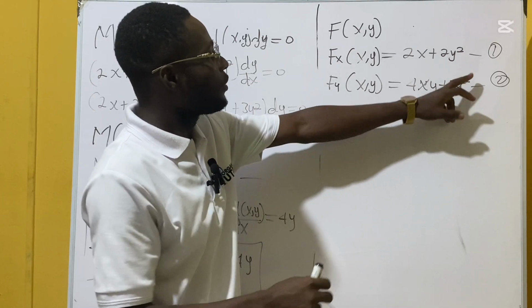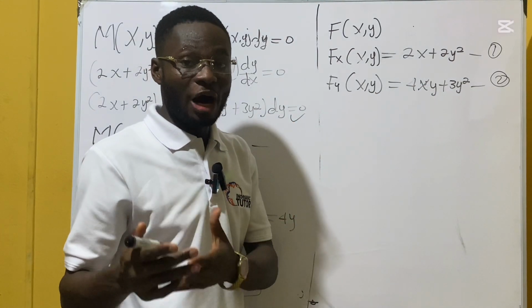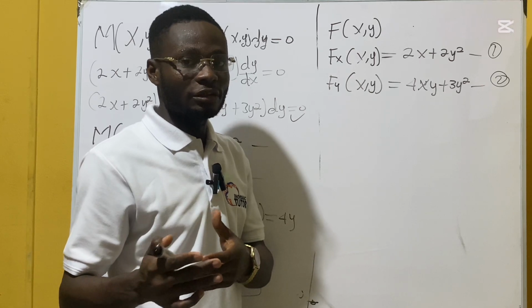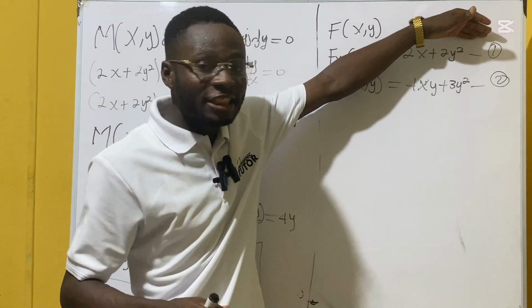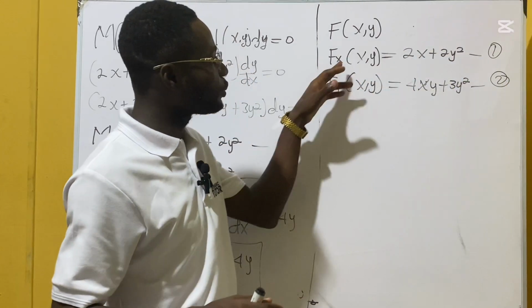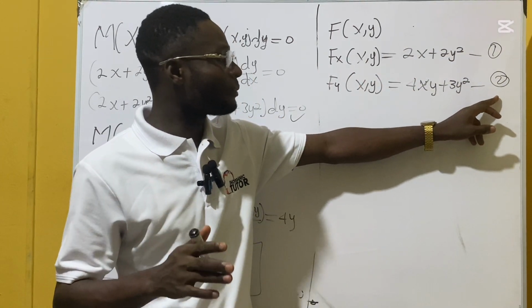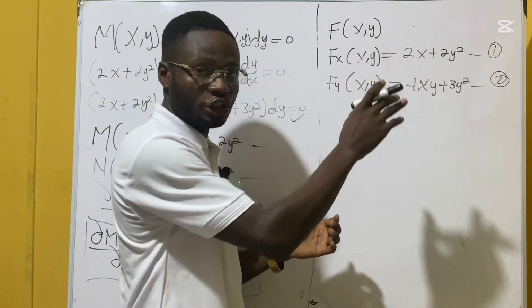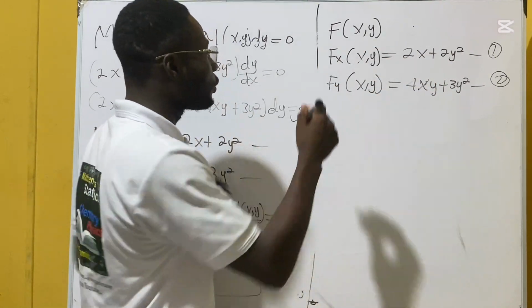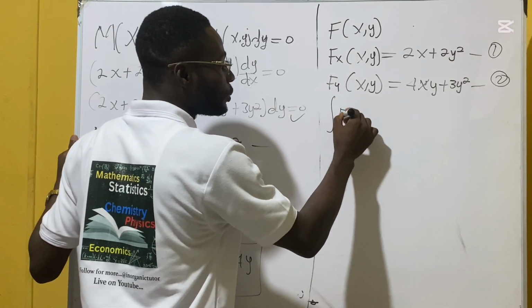We have equation 1 and equation 2. Now the ball is in your court. You either decide to integrate equation 1 with respect to x, or you integrate equation 2 with respect to y. Here I'm considering equation 1 to integrate. So I'm going to integrate equation 1 with respect to x.